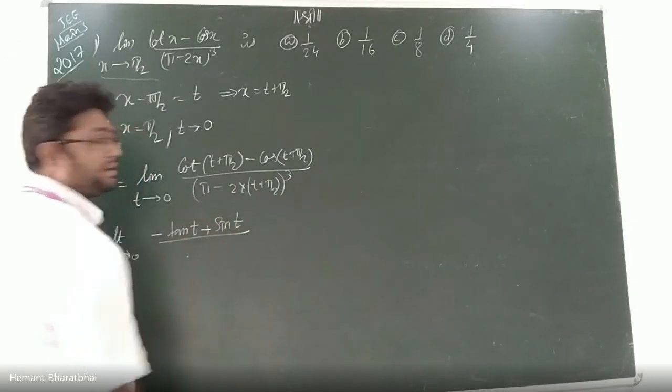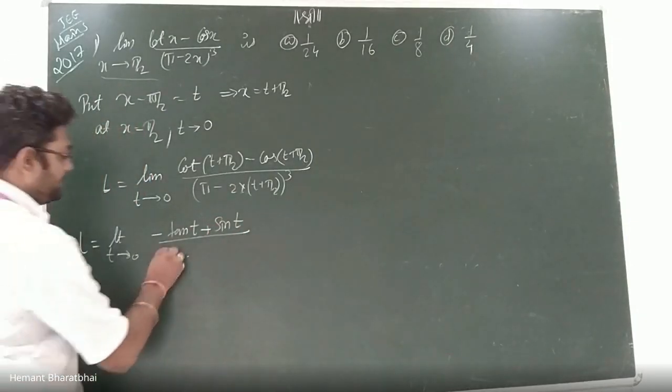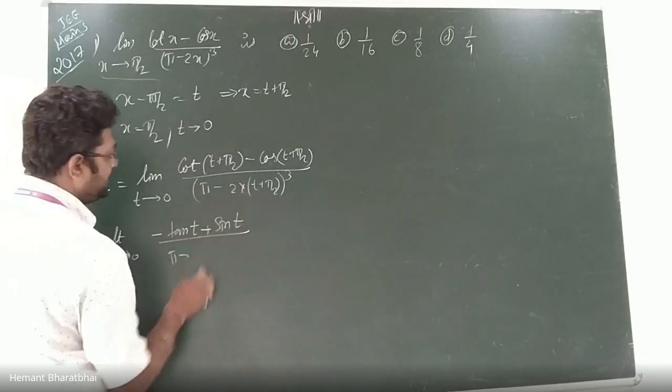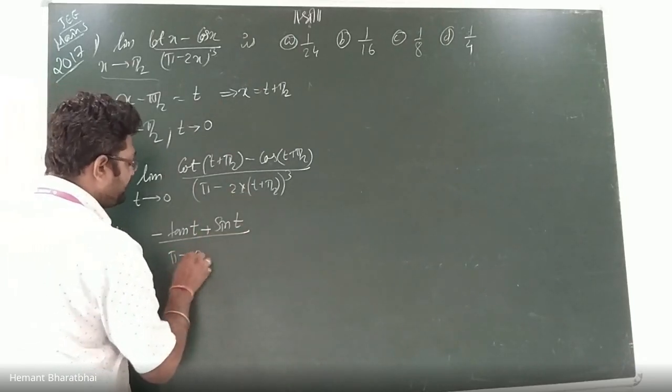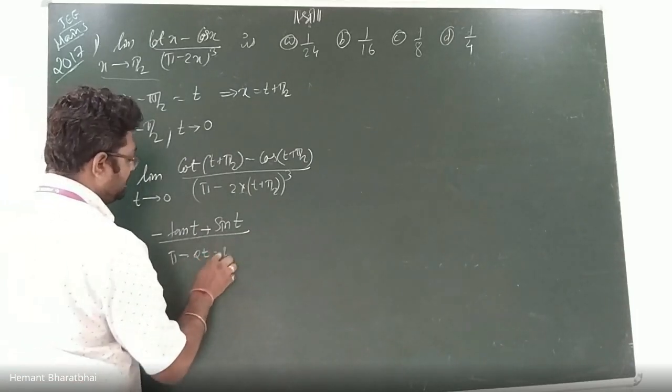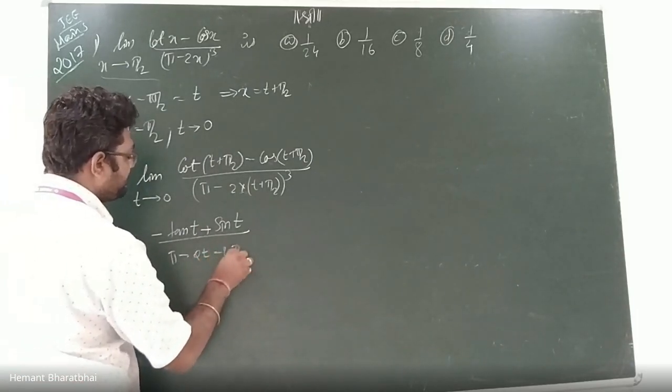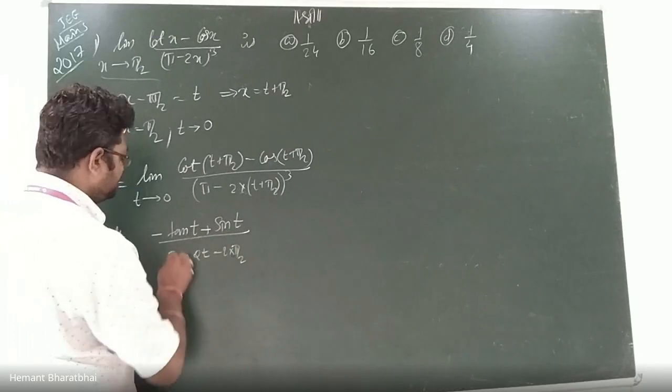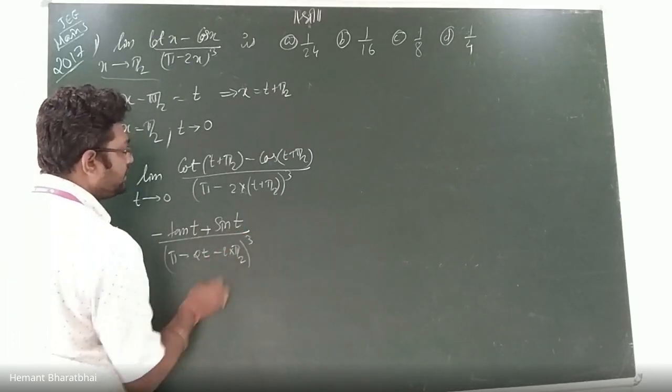So it will give me sin upon pi minus, I multiply this 2 inside, so minus 2t minus 2 into pi by 2, the whole cube.